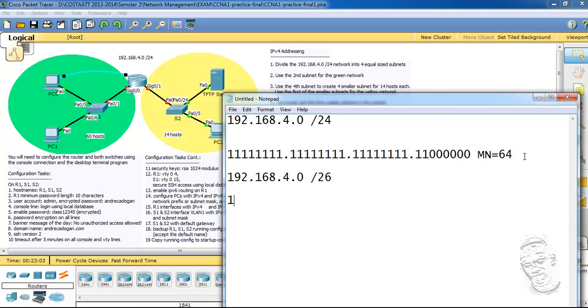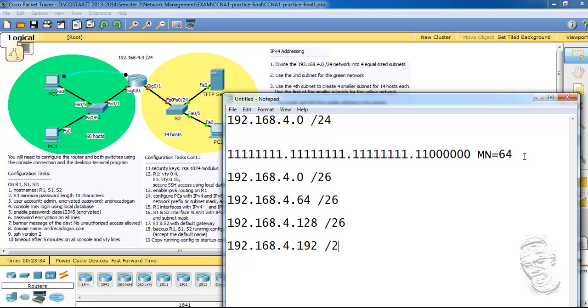So our next network will be 192.168.4.64, and this again is a /26, and the other one will be 192.168.4.128, again a /26 classless, and 192.168.4.192 /26.